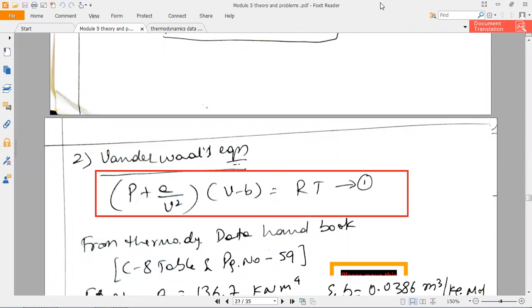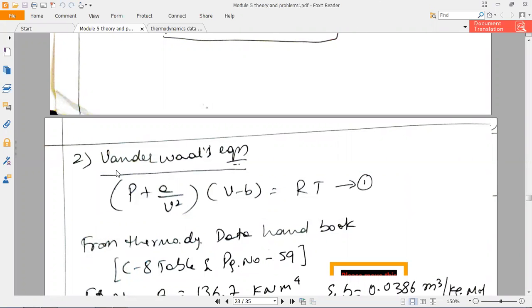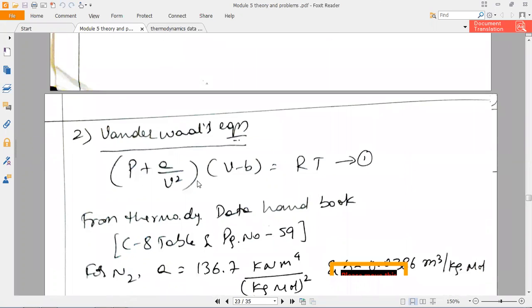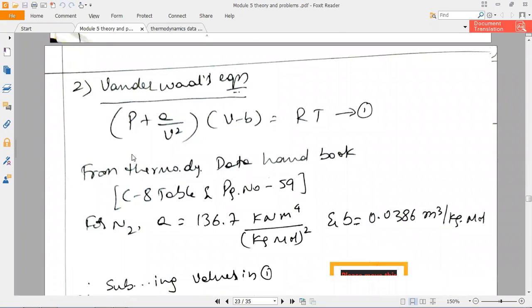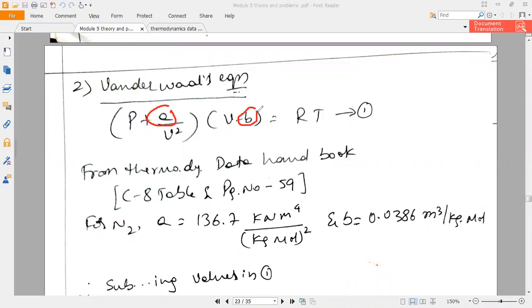Now in this equation, we should find out the V value, but we don't know the value of A, and we don't know the value of B. These A and B values are available in the data handbook.